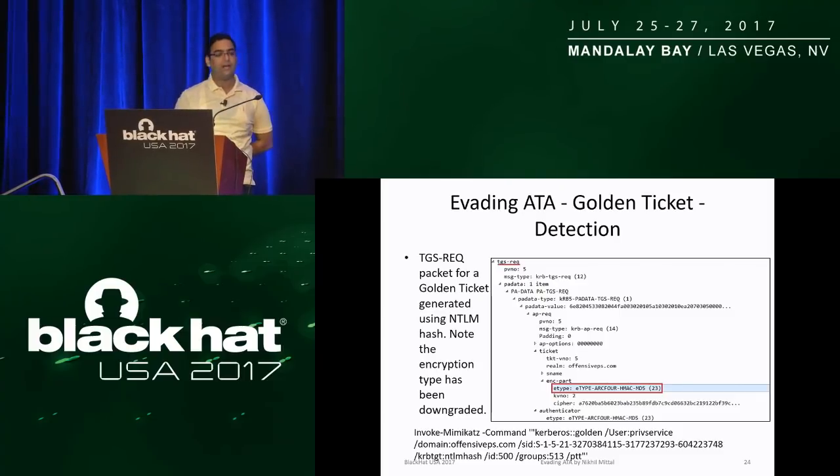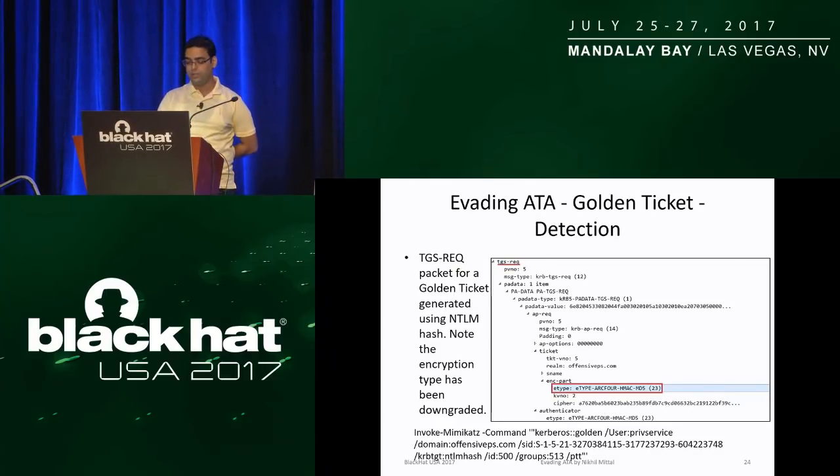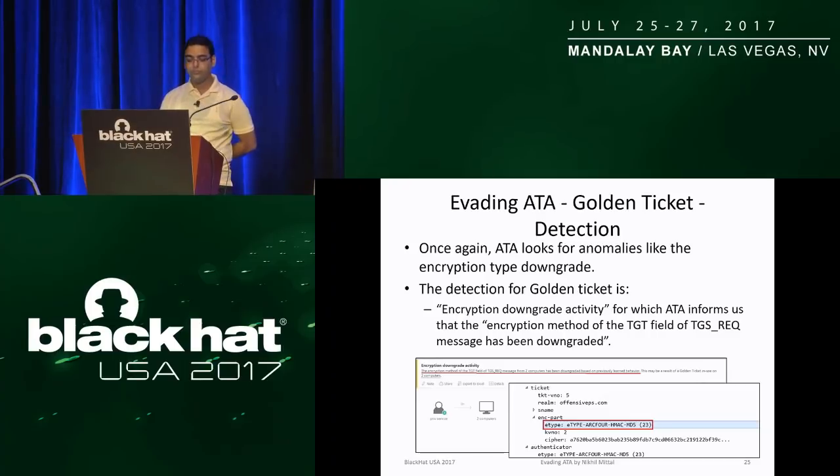So this is the command which we generally use for creating a golden ticket: whatever username, domain, SID of the domain, and the NTLM hash of the krbtgt account. That's what we use normally, right? So this is clearly an anomaly, and it gets detected as encryption downgrade activity.